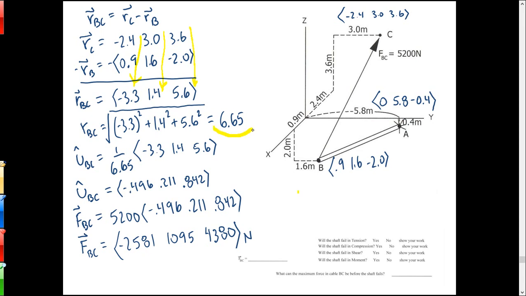Take the square root of the sum of the squares, you get the magnitude of RBC, divide through by that, and you get the unit vector from B to C. Then multiply that by the 5200, which is the force magnitude up here, and you'll get the force vector: negative 2581, 1095, and 4380. Keep in mind, you might have a slight variation from my numbers if you round it differently, that's not a problem. So that gets you the force vector.